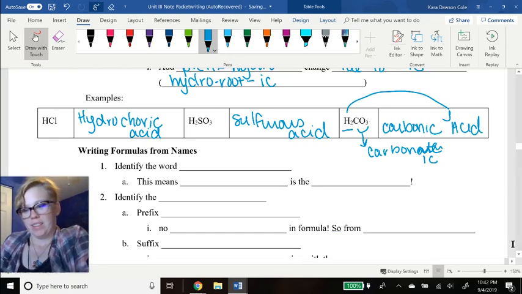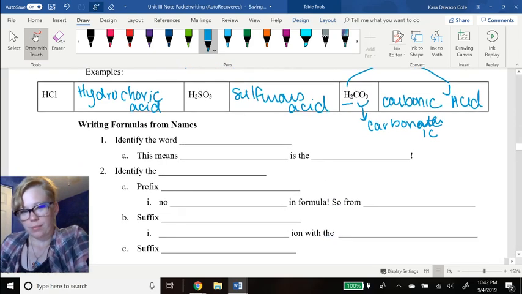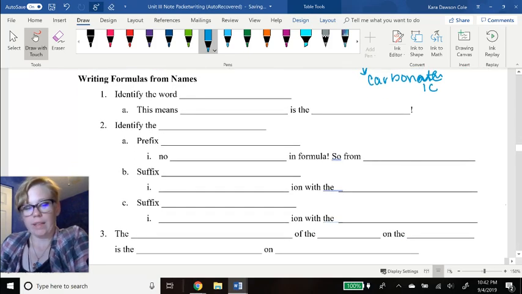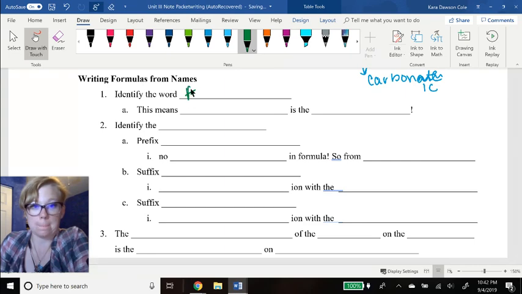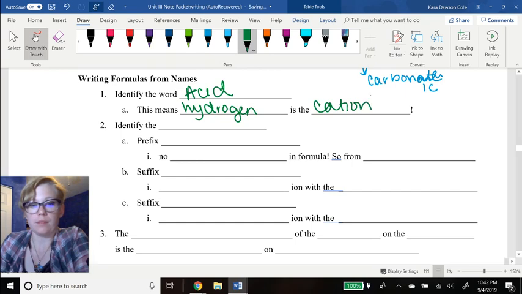All right. So, writing formulas from names for acids. We're going to identify the word acid. This means that hydrogen is the cation. You need to be able to identify the anion.